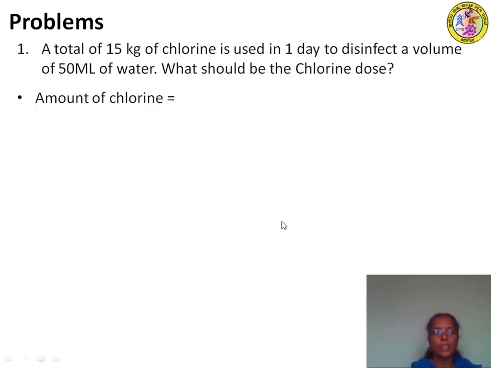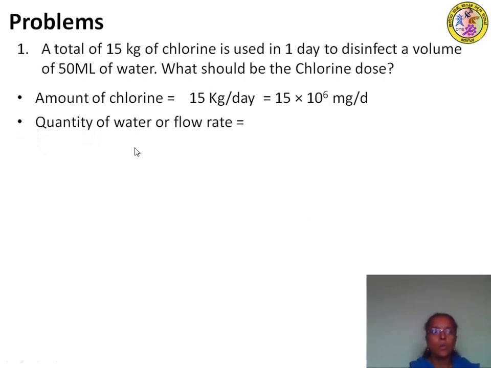The amount of chlorine is 15 kg per day. Converting kg into milligram, it will be 15 into 10 power 6 milligram per day.